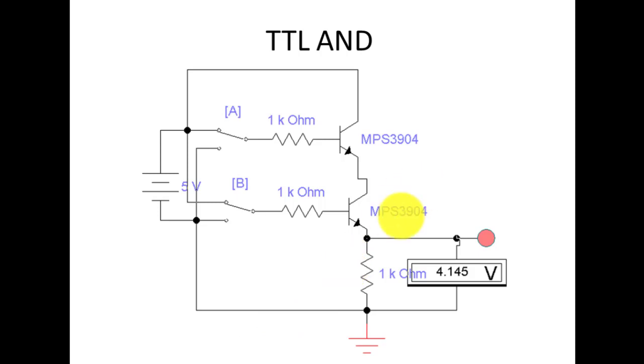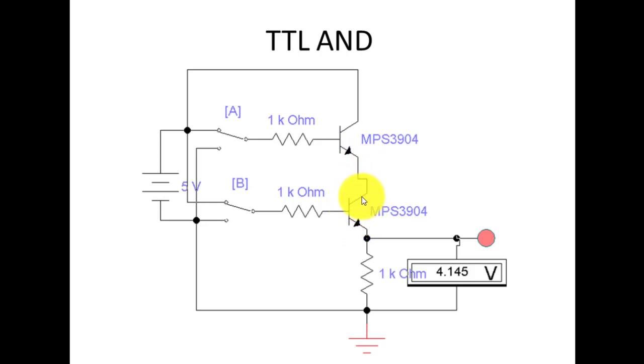Okay, so we have to construct this circuit in the electronic workbench where we shall connect two transistors in a way that the first transistor will be connected to the second transistor through its emitter terminal with the collector terminal of the second transistor.